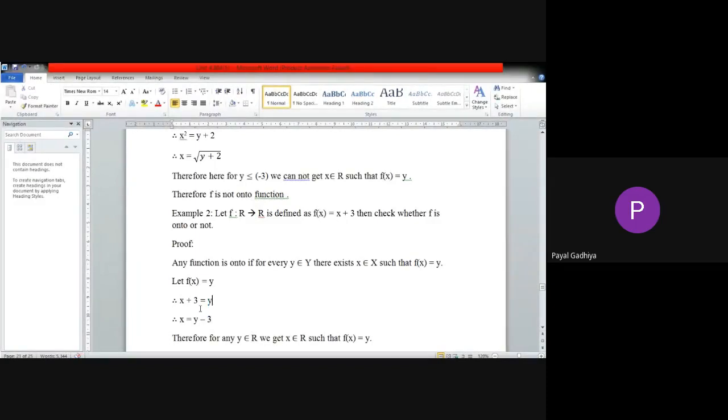So I will take plus 3 to this side and I will get x equals y minus 3. If I put any y from the whole set R and do R minus 3, then the answer will be in the real number set only. Therefore, for every y belongs to R, there exists x belongs to R. And therefore, the function is onto. Is it clear now? Yes, ma'am.